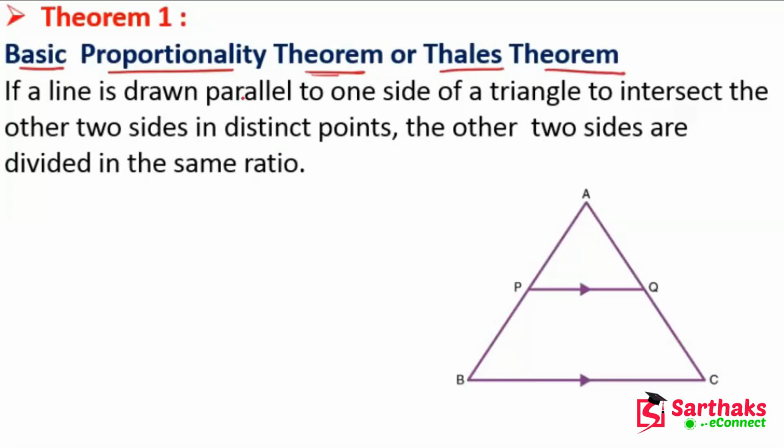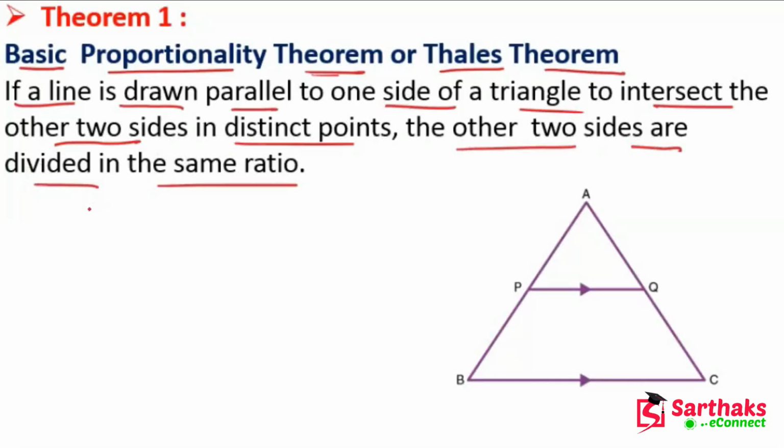This theorem states that if a line is drawn parallel to one side of a triangle to intersect the other two sides in distinct points, then the other two sides are divided in the same ratio.